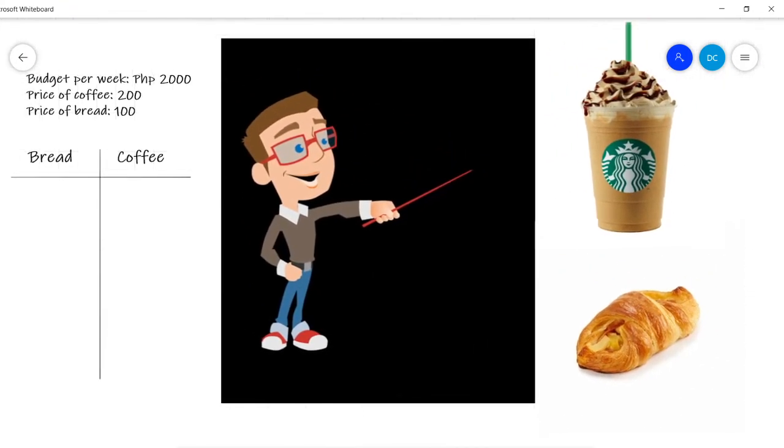Okay? So to keep things simple, we are going to examine the decision facing this teacher who buys only two goods: the espresso frappuccino and the ham and cheese Danish of Starbucks. Ba, ang sarap? Of course, real people buy thousands of different goods. Sobrang dami nating pwedeng bilhin.